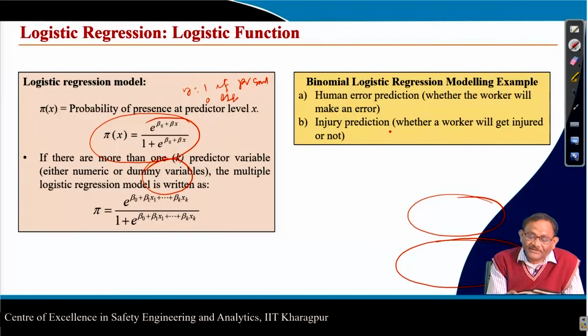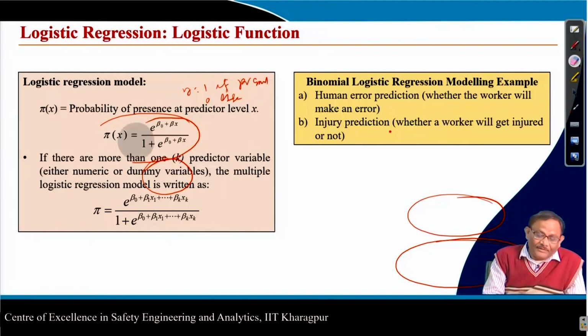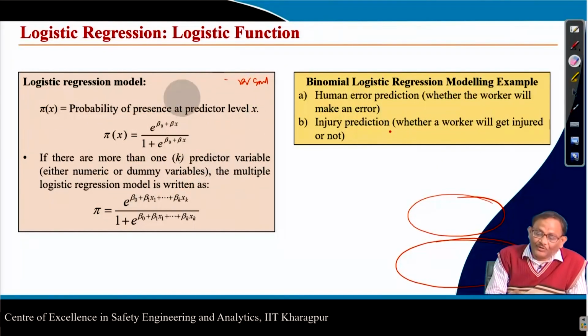Let it be like this. Then pi x is basically the probability of presence at predictor level x. So x is the predictor variable, so that you are now relating that systematic part with eta, and finally the probability with the x variable, the predictor variable. I hope that it is clear to you.